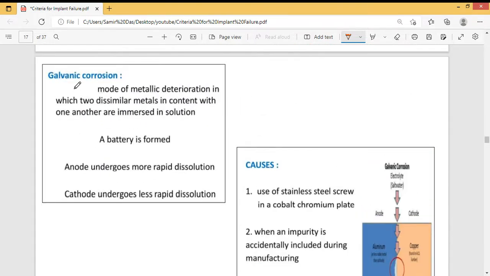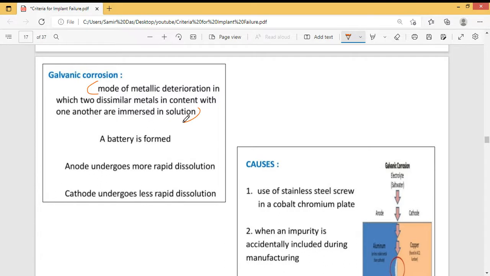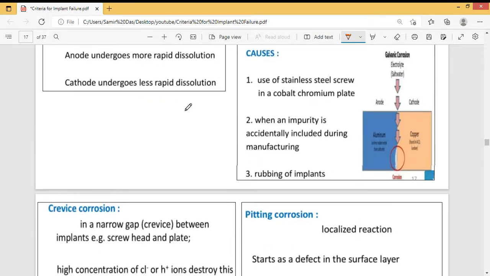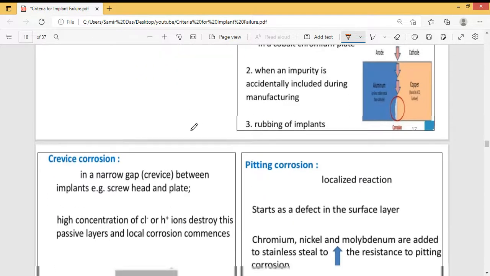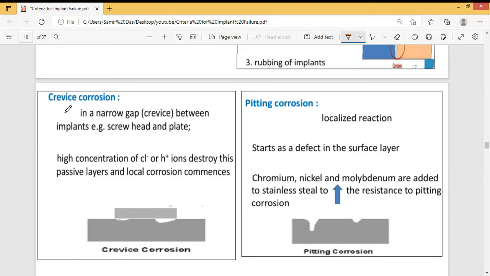So in case of galvanic corrosion, it is a mode of metallic deterioration in which two dissimilar metals are in contact with one another in the solution. So this is the test we do when the implant is prone to galvanic corrosion. Those are the tests for different corrosion tests.